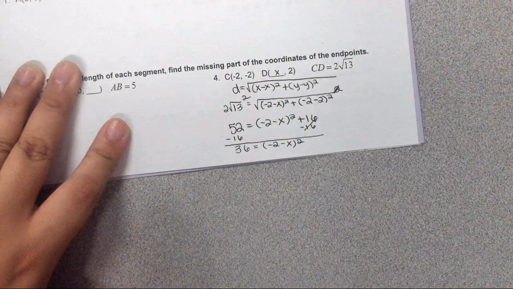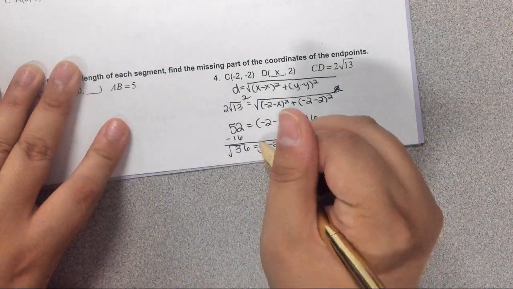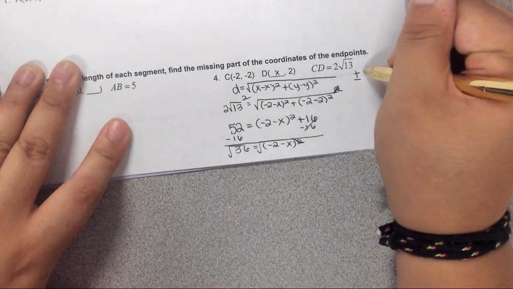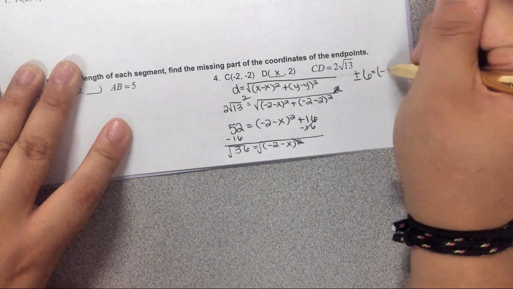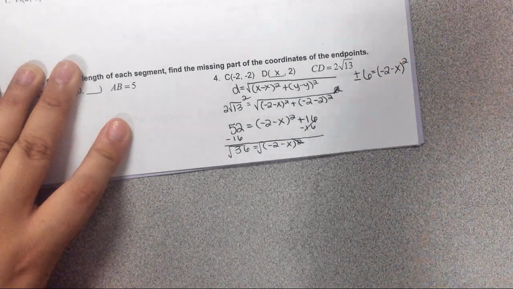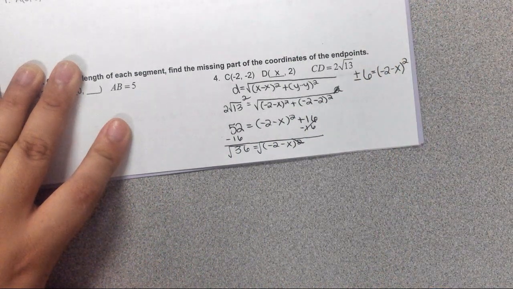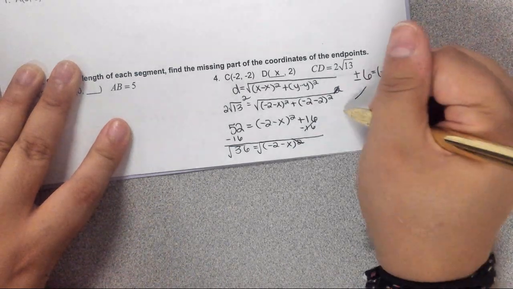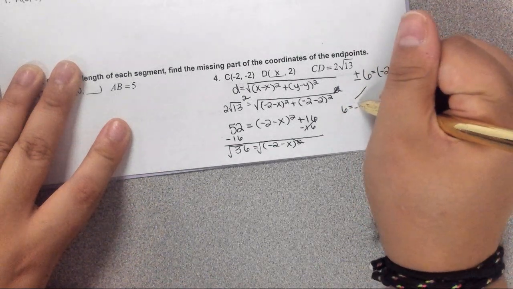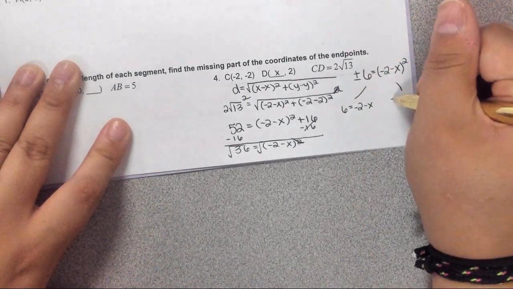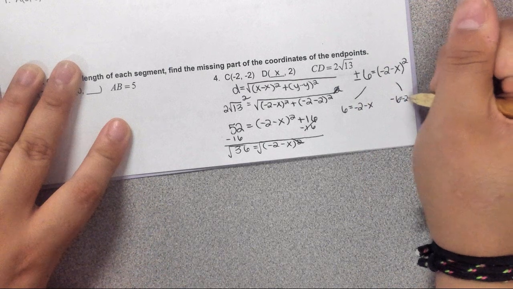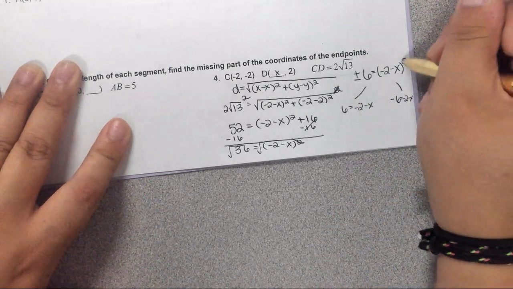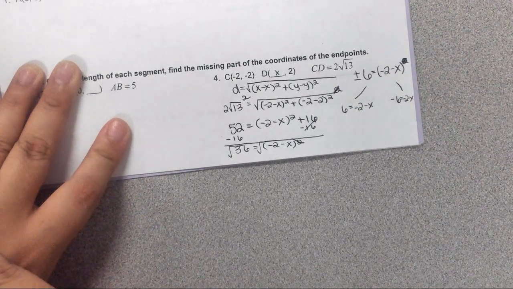And then, louder, I get plus or minus 6 equals negative 2 minus x. And so now I'm going to do 6 equals negative 2 minus x, ooh, that's a little tight right there. I don't know because I'm crazy. Sorry. No squared there. My bad.